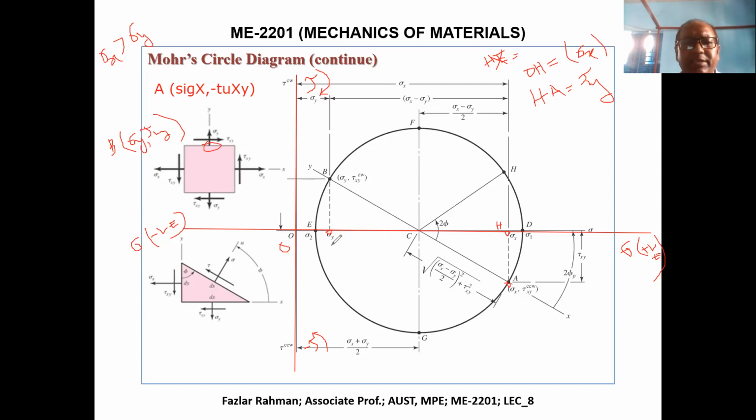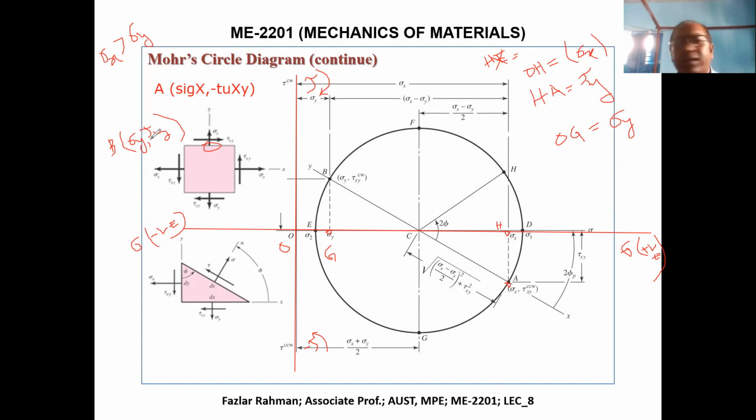If this is G, then what is OG? The value of OG will be equal to sigma y. Now, I'd like to plot point B. So from the origin, I came to point G. Then I have to look for the y coordinate.